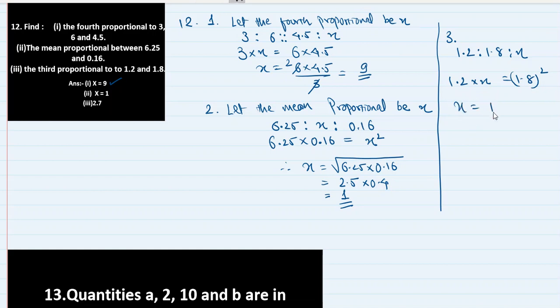So x is equal to 1.8 multiplied by 1.8 divided by 1.2. 6 twos are 12, 6 threes are 18, and this will become 9 threes are 27. So x is equal to 2.7. So the third proportional is 2.7. Correct? Easy. So these are very simple questions.